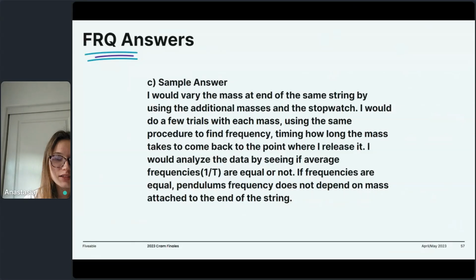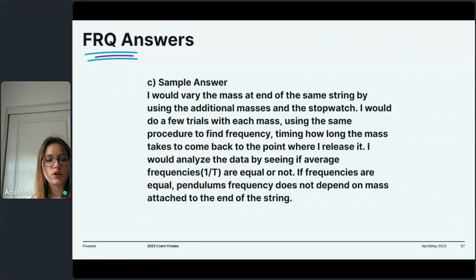I would analyze the data by seeing if average frequencies, 1 over t or 1 over f, are equal or not. If frequencies are equal, the pendulum's frequency does not depend on the mass attached to the end of the string. So yes, the answer to this is going to be length. One parameter of a pendulum that affects frequency is going to be your length.